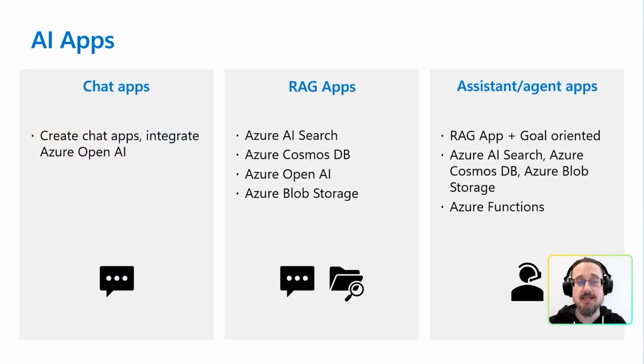So let's have a look and discuss AI apps, because there are three major apps that you could be building as an application developer. Either you are building a chat app, in which case you are integrating OpenAI, or in this case, Azure OpenAI, with your app, and you send a prompt and you get a prompt response.